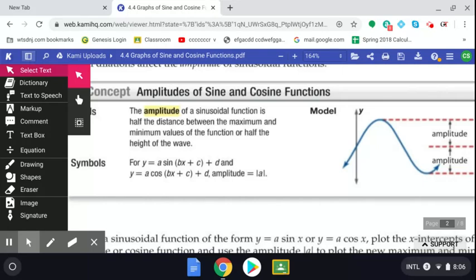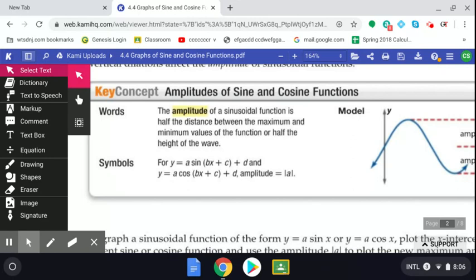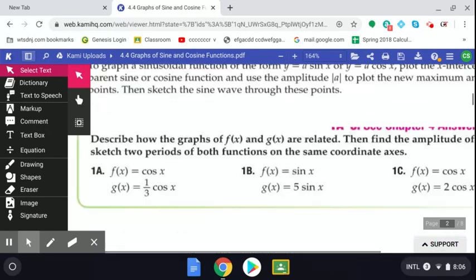It's the distance between the maximum and the minimum values of the function, and it's half the height of the function. You should know that the general form for sine function is y equals a sine of bx plus c, plus d, and for cosine is y equals a cosine of bx plus c, plus d. Okay, and the amplitude is going to be that number in front of sine or cosine.